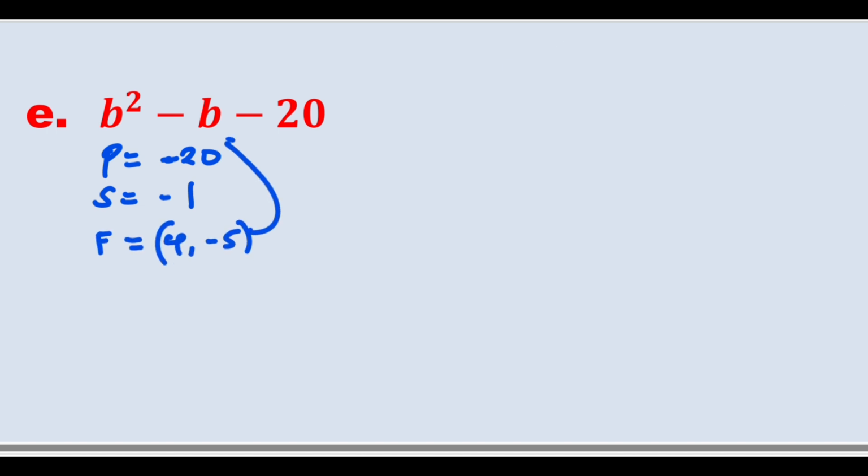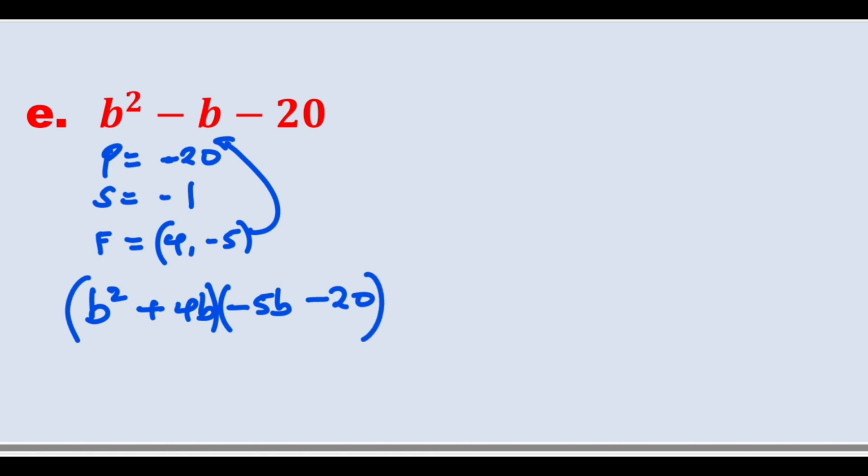We substitute the middle part. So we shall have b squared plus 4b minus 5b minus 20. Then pair them up. The common term in the first bracket is b into b plus 4. The other bracket will also have b plus 4. Then what will we use to multiply the second bracket such that when you open it, we end up with minus 5b?